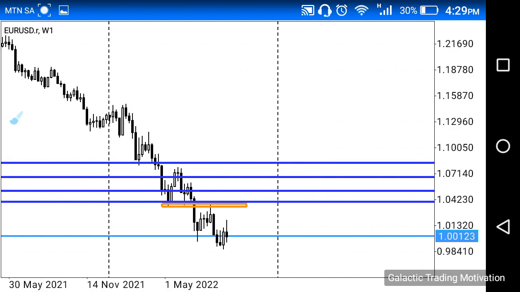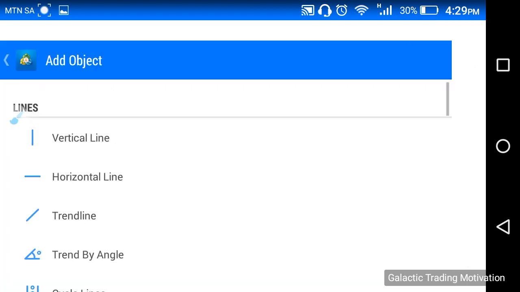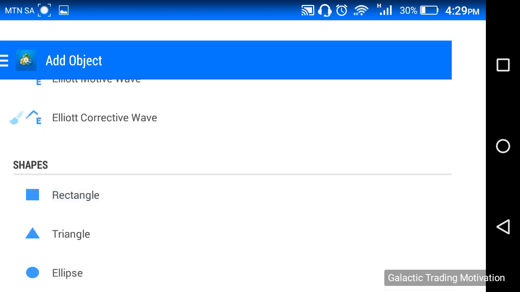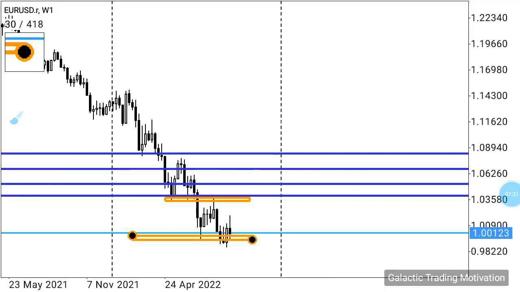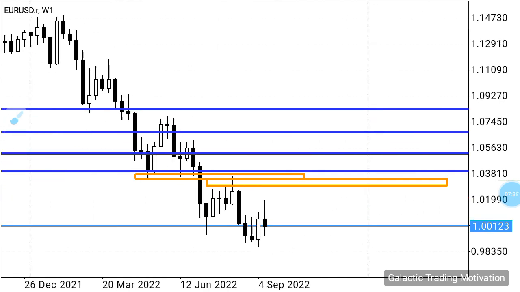I just want to add an opposing neckline as well, which is the neckline of that overextended W structure. Just bear with me. There we go. I just hope my lines are not too confusing, guys, but I'm putting all these lines so that we don't get confused as we head down to the smaller time frames.